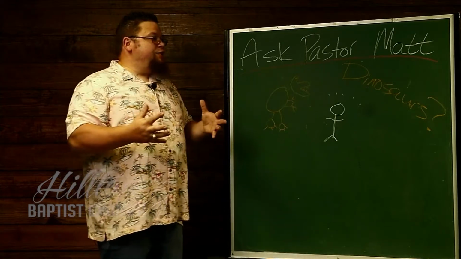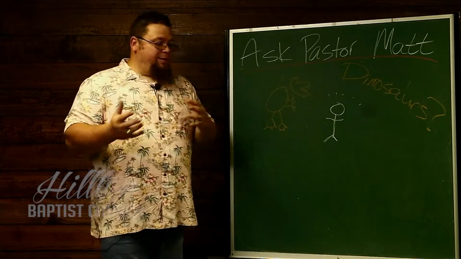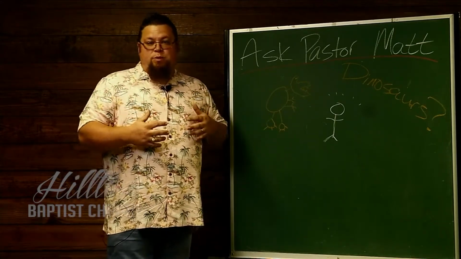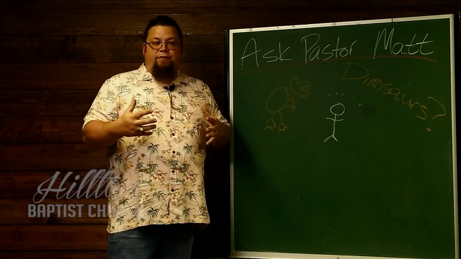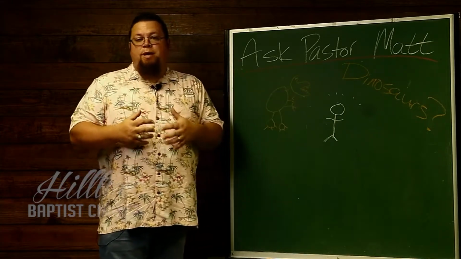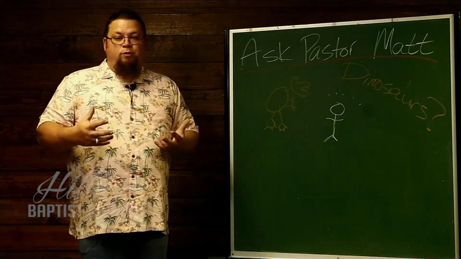So I believe the dinosaurs were part of creation. I believe they existed with man. I believe that because of habitat loss and some other factors, they died out like a lot of other animal species probably did and still do today. And it's not a factor of evolution. It's not a factor that they change into other things or that billions and millions of years passed. It's just a product of the fall in a broken world that doesn't operate the way that God designed it to in the beginning.